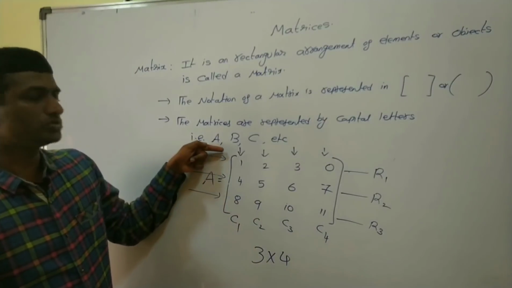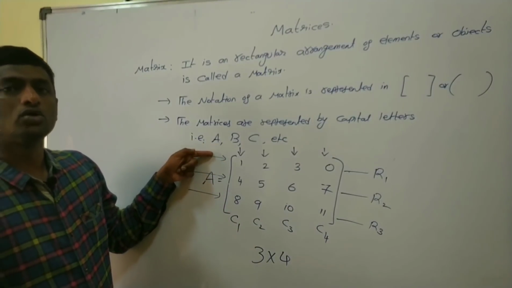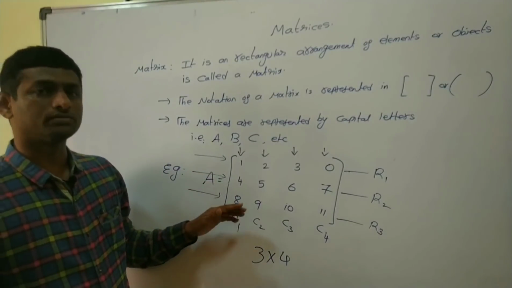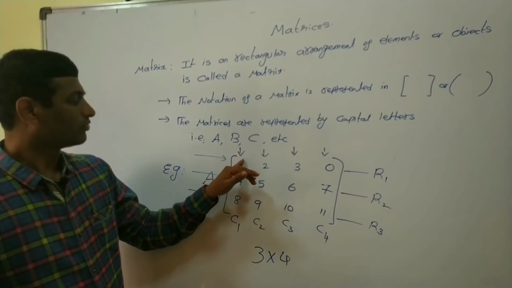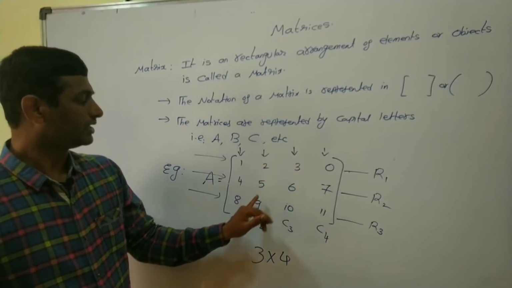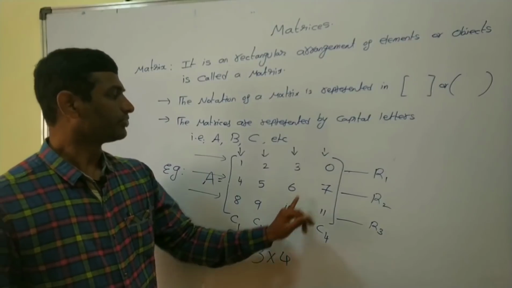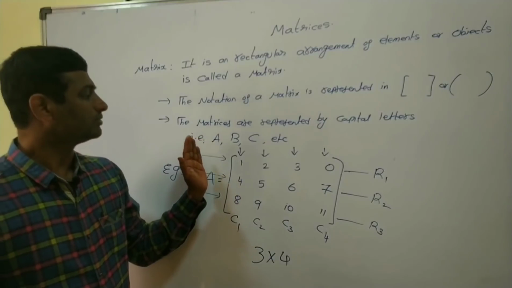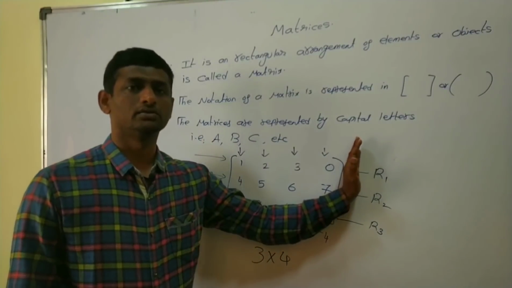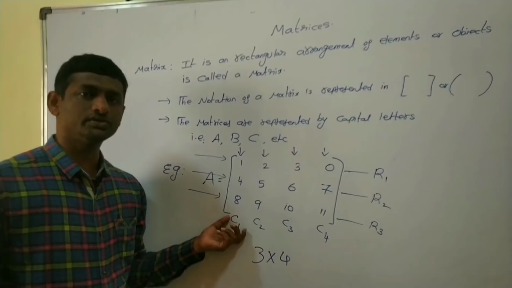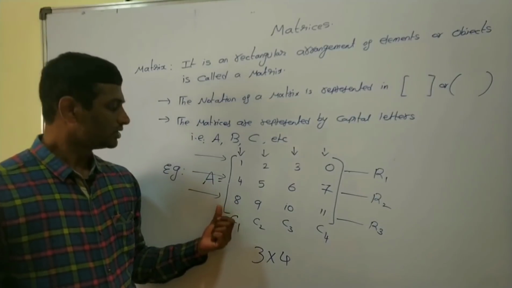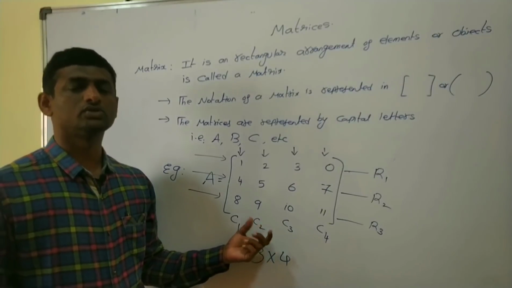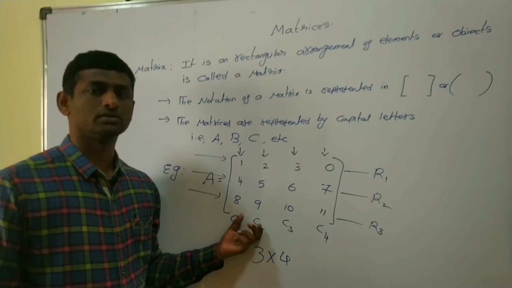The rows are counted from top to bottom, and coming to the columns, the columns are 1, 4, 8; 2, 5, 9; 3, 6, 10; 0, 7, 11. The columns are counted from left to right. Means this matrix has 3 rows and 4 columns. So this is an example of a matrix.